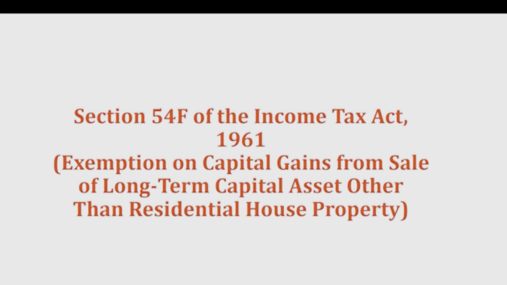This means that if you sell a long-term capital asset like shares, stocks, bonds, gold, etc., and reinvest the entire sale proceeds in a new residential property within a specified time frame, you can claim an exemption on the capital gain arising from the sale.